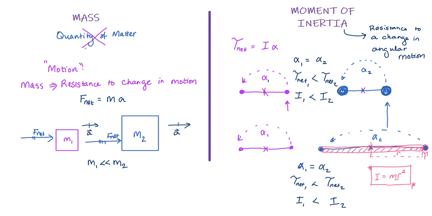The big thing to take home here is that mass is a measure of the resistance to the linear change in motion, and moment of inertia is the resistance to the angular or rotational change in motion. Mass only concerns itself with kilograms, whereas moment of inertia concerns itself with kilograms and the position of those kilograms relative to the axis of rotation.